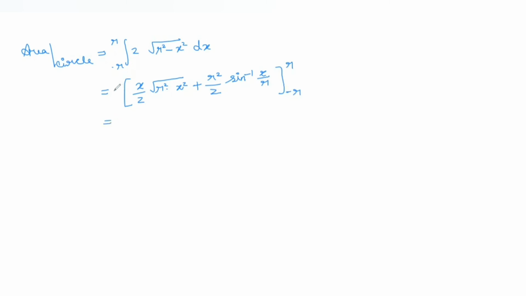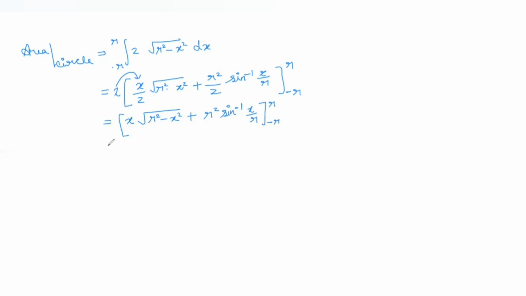Now multiplying this 2 inside the bracket, we'll get x times under root r square minus x square plus r square sine inverse x upon r, limit being the same from minus r to r.